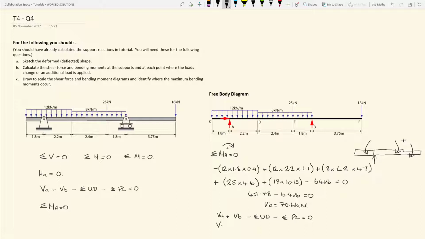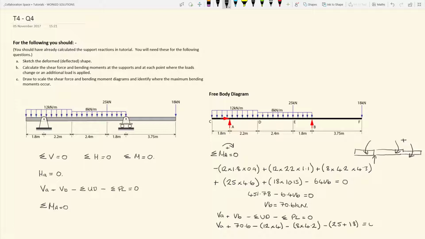We want to calculate VA, so we have VA plus 70.6 minus the sum of the UD loads, so we've got minus 12 times 4, that's the 12 kilonewton per meter load, minus 8 times 4.2, and then minus the 2 point loads, 25 plus 18.